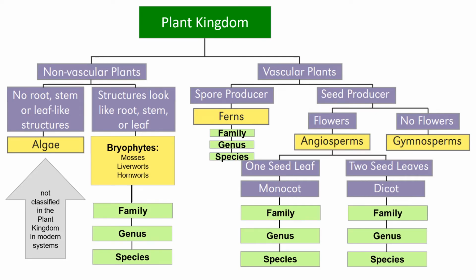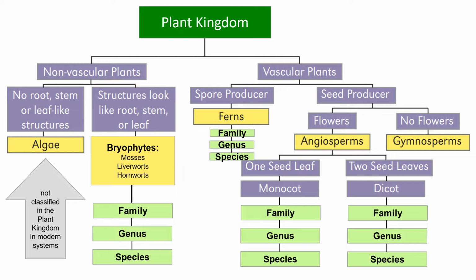The levels in this family tree-like diagram roughly represent the hierarchical ranks shown on the previous slide, from kingdom down to species. Note that this diagram includes algae in the plant kingdom, but modern classification systems place algae in a separate kingdom, the Protista.